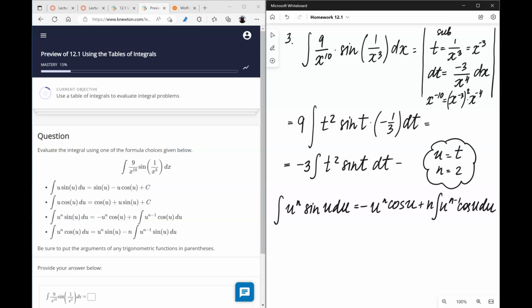And so we're continuing here. We still have negative 3. We now have the following.